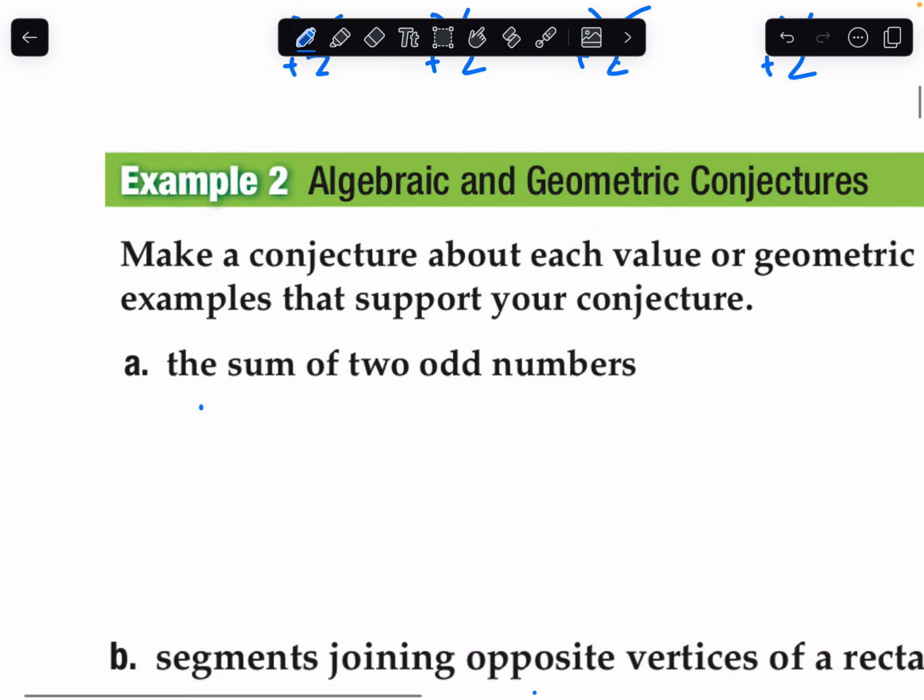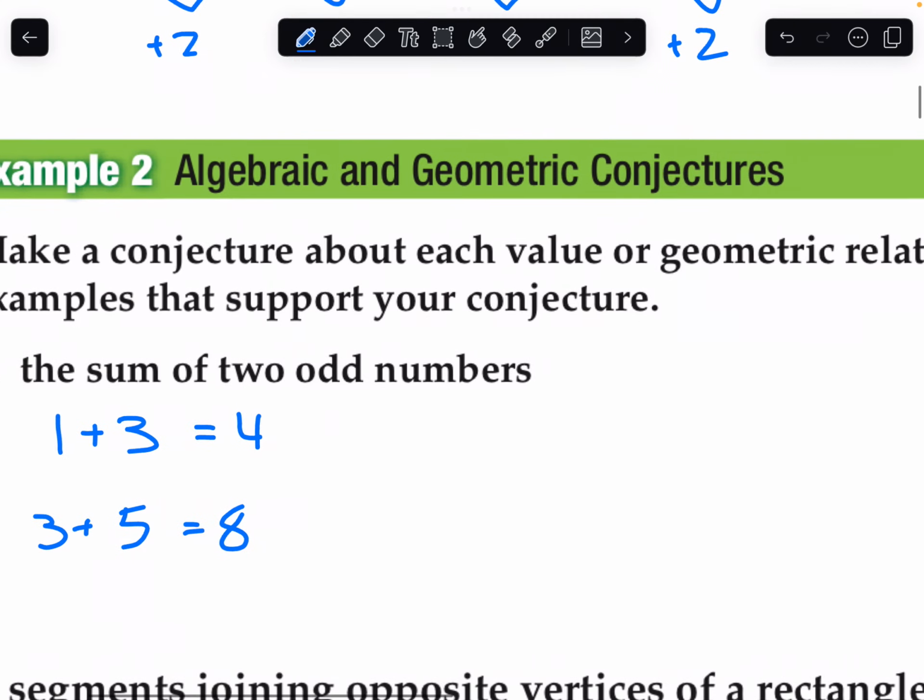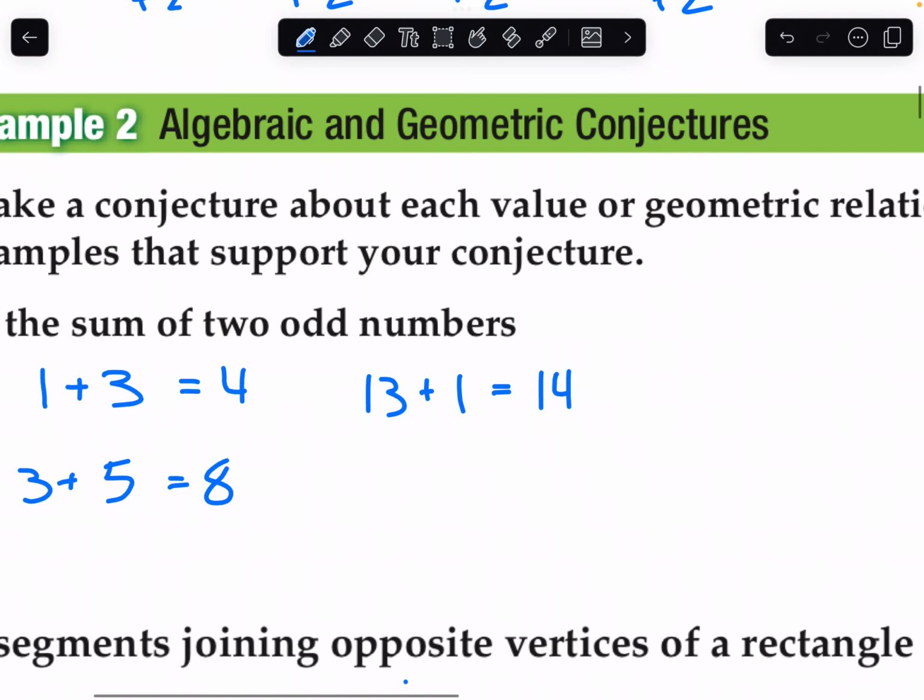Pick an odd number. 1 plus 3 is 4. 3 plus 5 is 8. I don't know, 13 plus 1. Those are 2 odd numbers. I can repeat some. Sure, why not? Is 14. 5 plus 5.